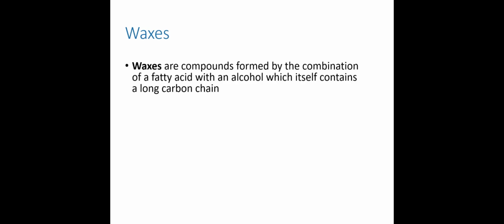So waxes are simply compounds that we get by taking a fatty acid and combining it with an alcohol which has a very long carbon chain. A typical alcohol that we see in waxes would be cetyl alcohol, which has 16 carbons.